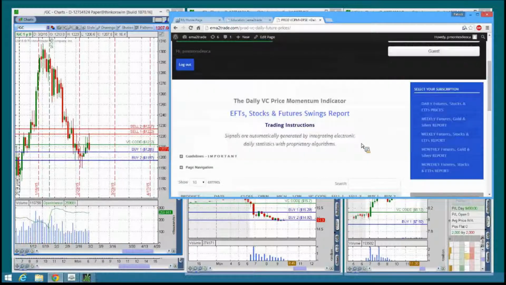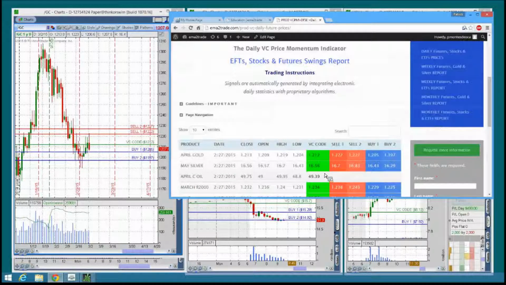And this algorithm can be applied on the Globex as well as the U.S. day trading markets. And in here, it tells you that because the market closed above the VC code of 1212, it was bullish, and it tells you your sell 1 level is 1222, your sell 2 level is 1227.